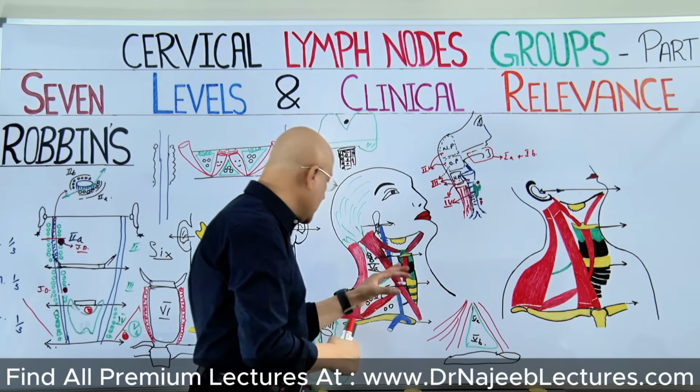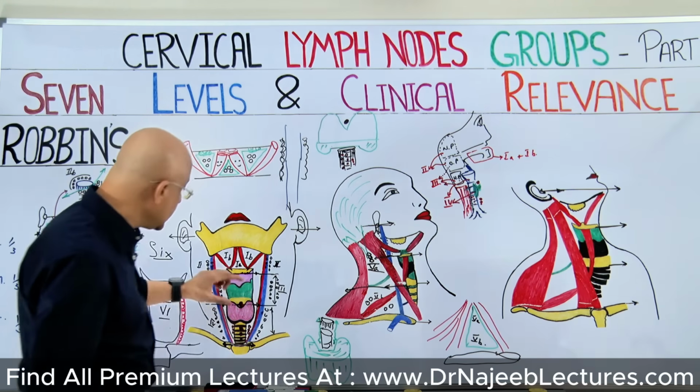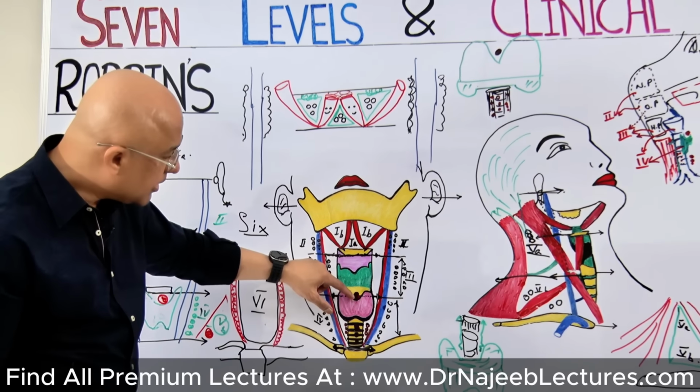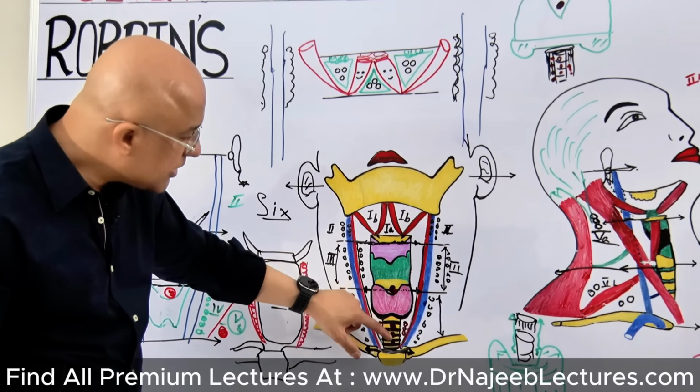But what I wanted to tell you is that here are your central lymph nodes, which include, what is this? Delphian lymph node or prelaryngeal lymph node, pretracheal lymph node, paratracheal lymph node, and some lymph nodes scattered around the thyroid. We just call them perithyroidal lymph nodes.